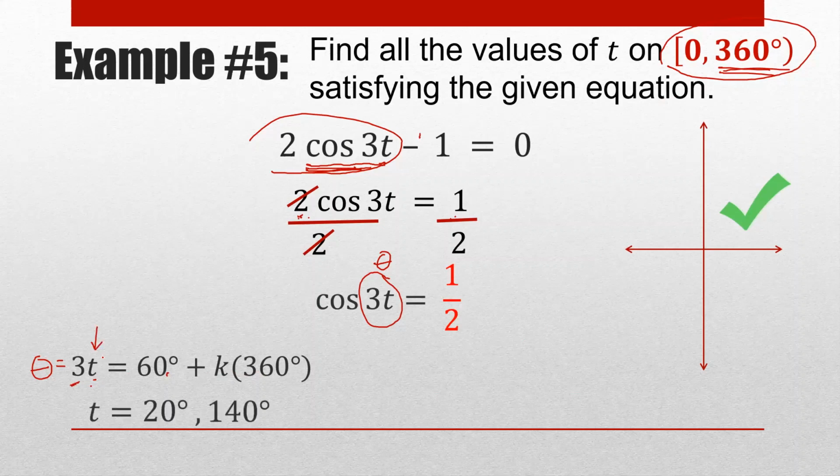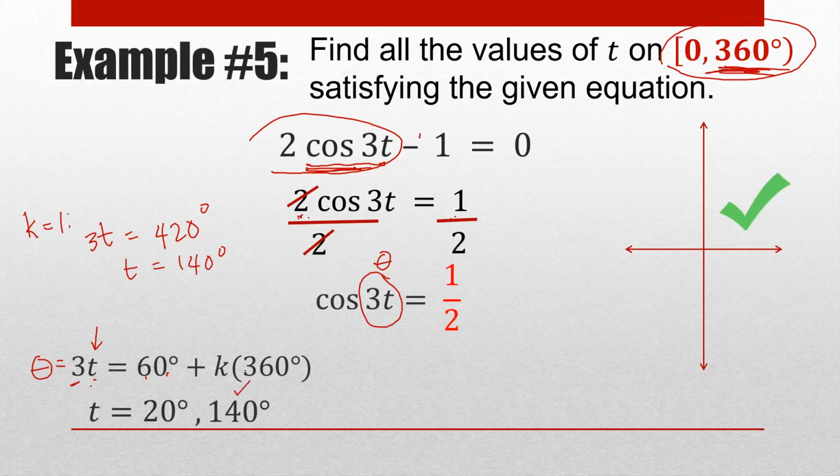Pero kapag nag-add tayo ng 360, 360 plus 60, that will be 420 degrees. 420 degrees, if this is your 3t, this is when k is equal to 1. That means t is equal to 140 degrees. Pasok pa rin siya dun sa interval na hanggang 360 degrees.